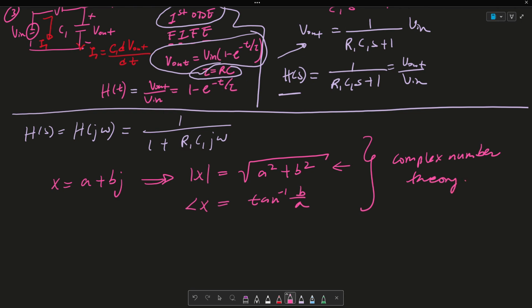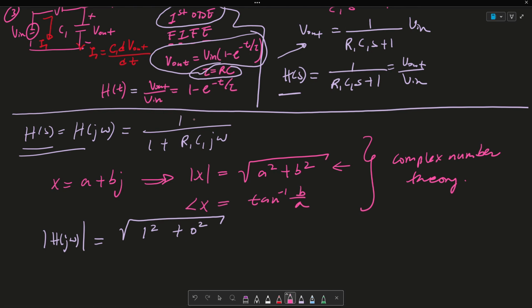All right. So in our example here, for H of s, or H of j omega, we could say that the magnitude of H of j omega is simply the square root of 1 squared plus 0 squared.